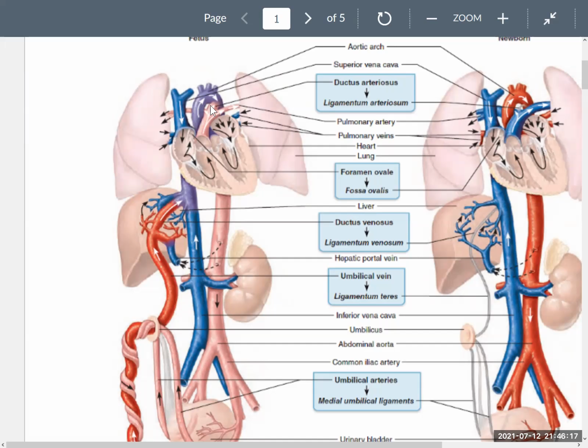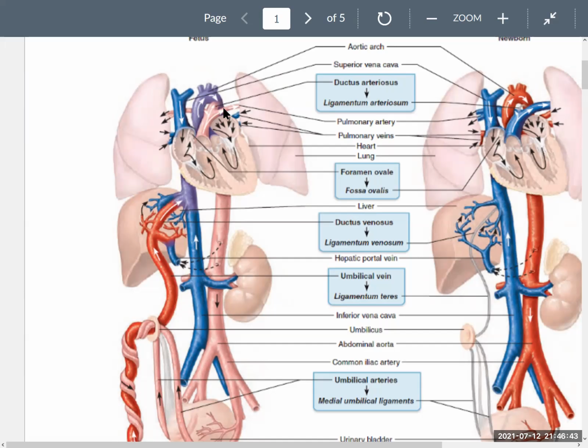Okay, now moving forward here, there's a shunt again. This one's called the ductus arteriosus. Here's the name: ductus, duct, arteriosus, artery. And where does it go? It goes right into the aortic arch after the aortic arch has made its loop or bend.